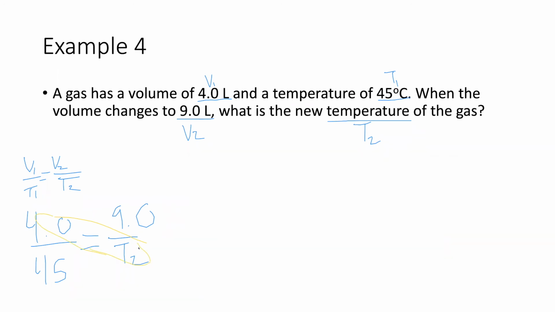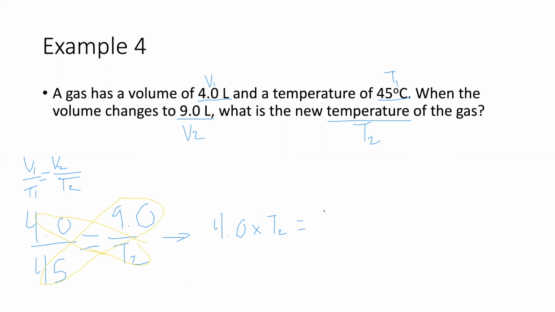So I'm going to crisscross 4.0 times T2. On this side, I now have 4.0 times T2 is equal to, over here, 9.0 times 45.